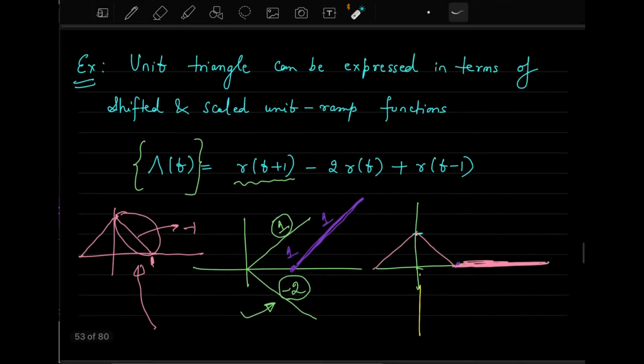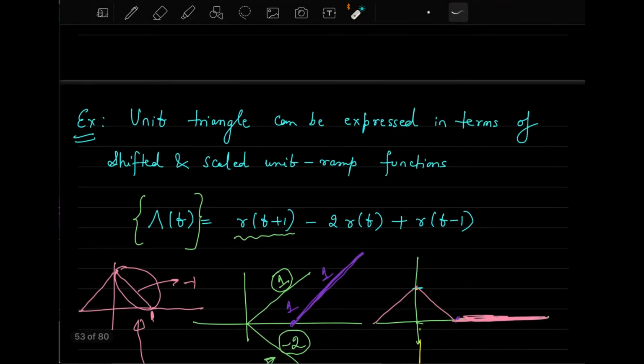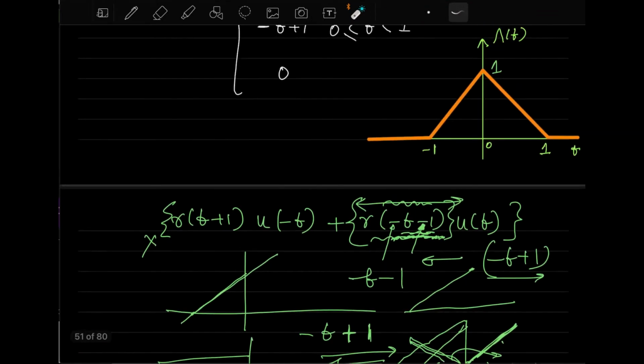So in this way you can see how a complex function can be represented in terms of the basic building blocks, which is basically unit step and delta function. On top of it you can make other complex functions. For example, here we have this triangle and even the pulse function that we had discussed.